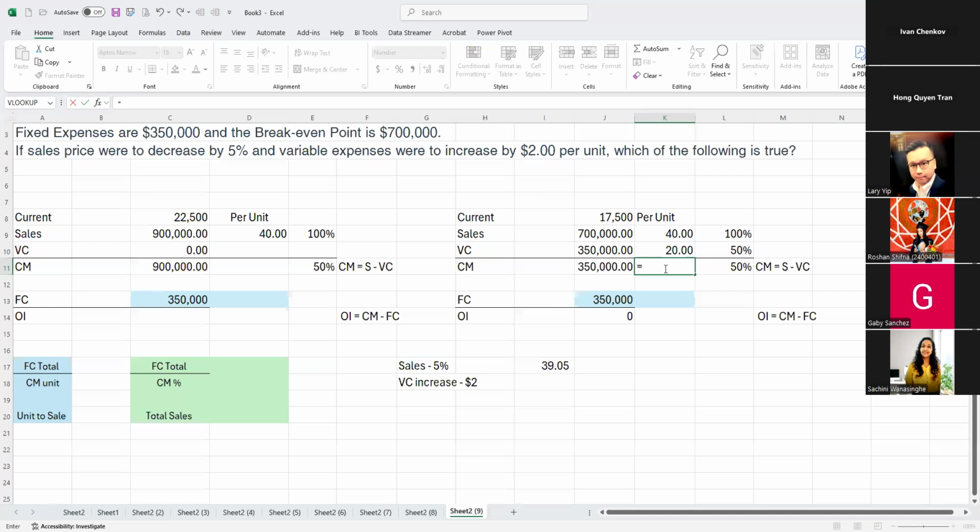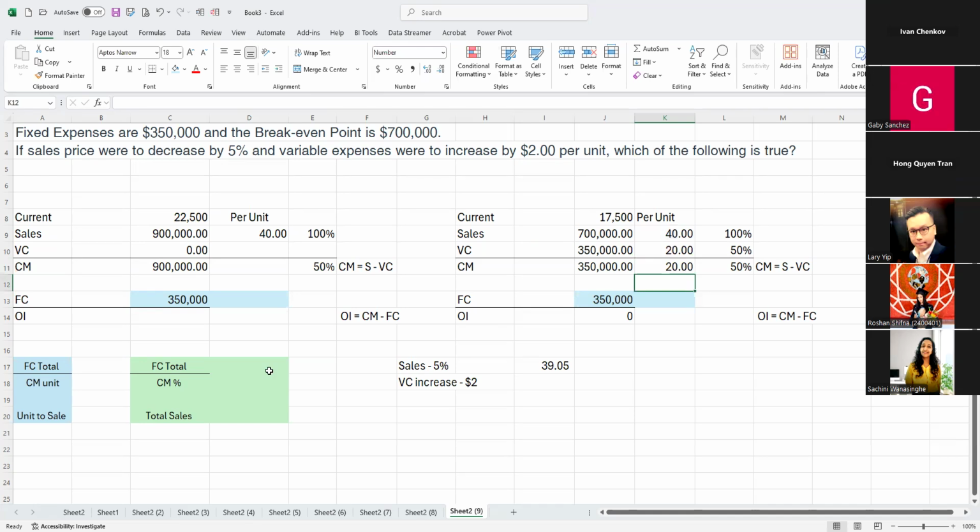How much is my contribution margin per unit? 20. So contribution margin per unit is 20, and variable cost per unit is 20.